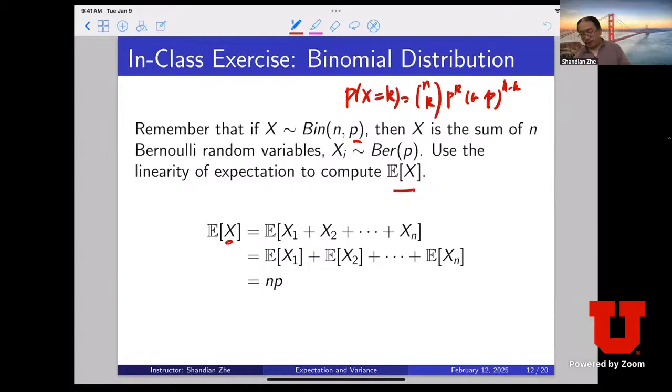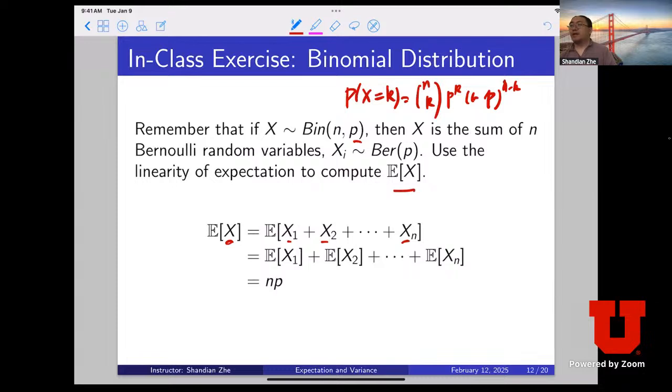If you look at x, the total number of successes can be written as the outcomes of every Bernoulli variable. For every Bernoulli trial, you will see an outcome, which is either 1 or 0. 1 represents success, 0 represents failure.